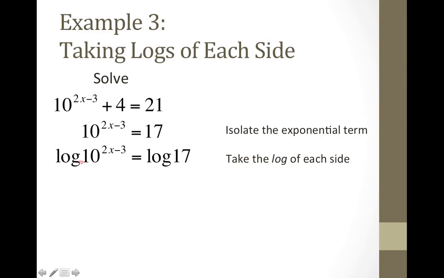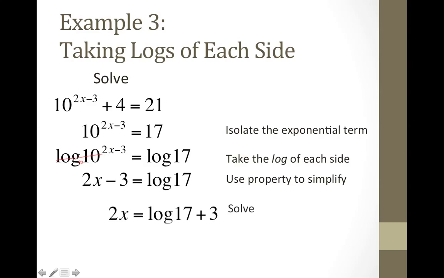So again, using properties, we know that when the bases of our log and our exponent match, they actually just cancel each other out, and what we'll have left is just the exponent from this term. So the 2x minus 3 now is what's equal to the log of 17. Now I can go through the steps to get x isolated.